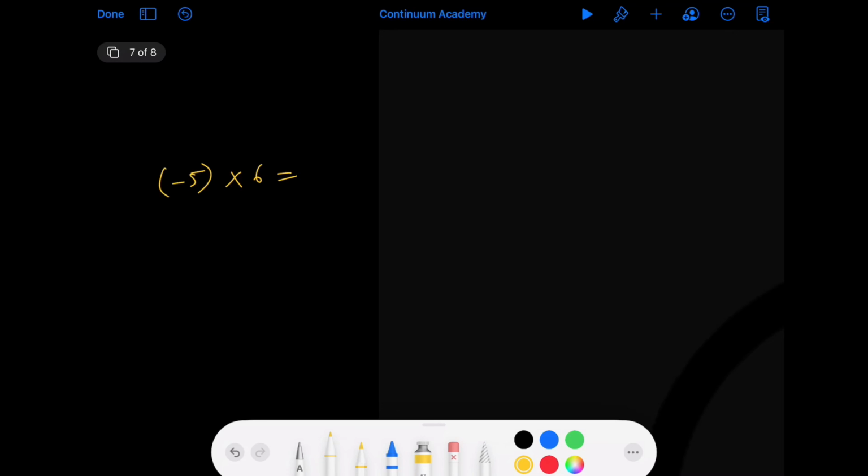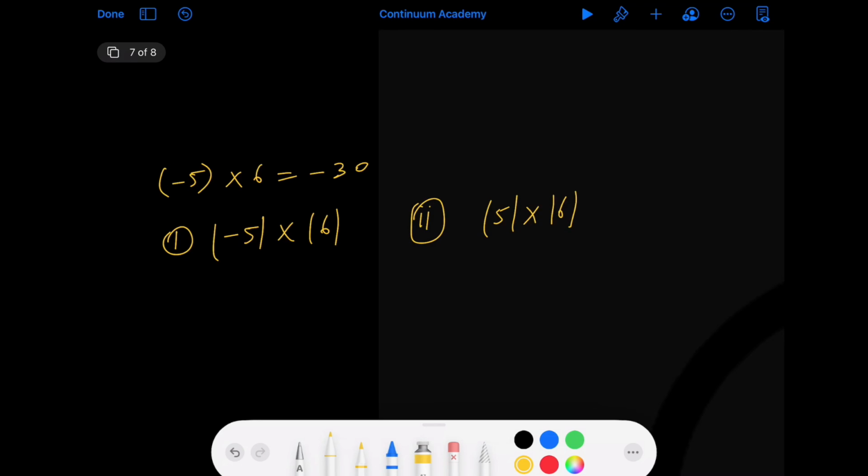If you multiply 5 and 6 you get 30, which is equal to minus 30. Now you have to match the option. The options are minus 5 into, and the second option is this. These are all with the mod.